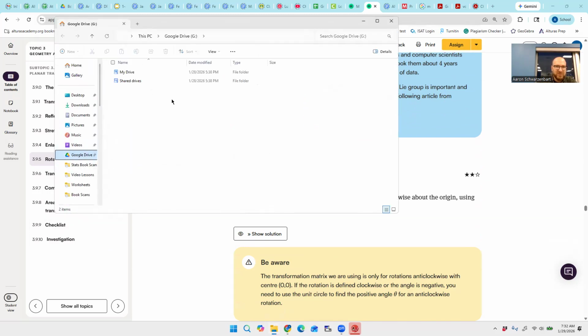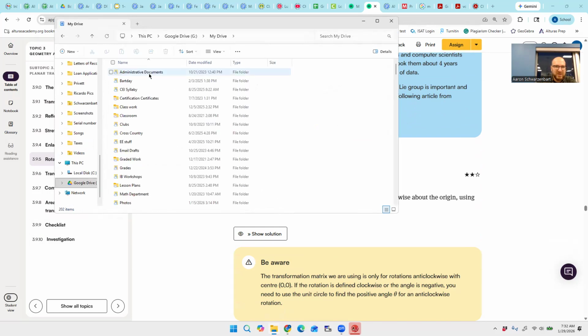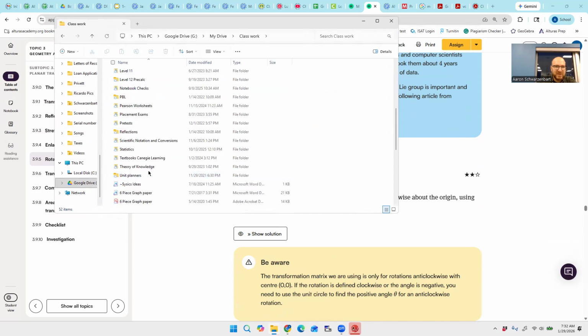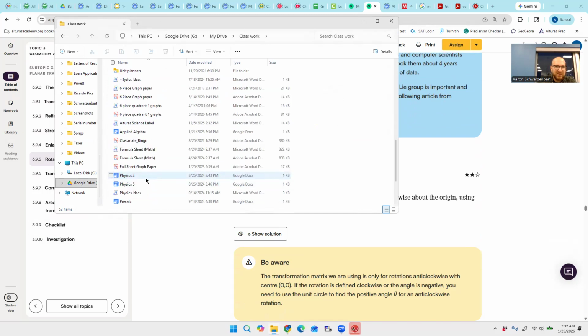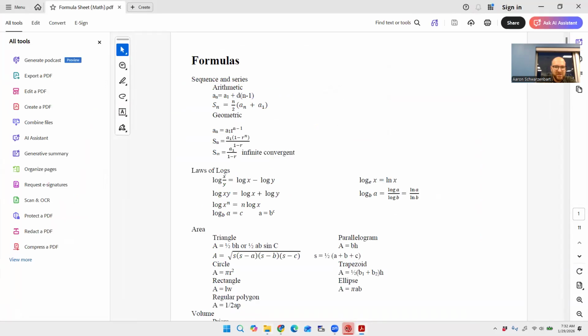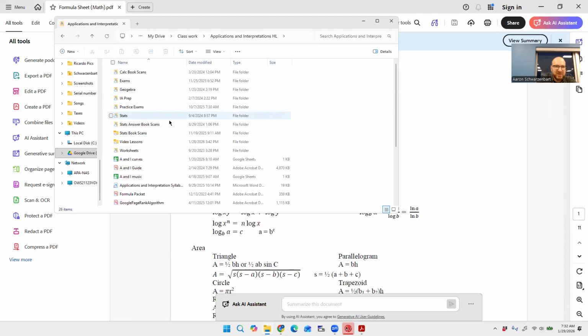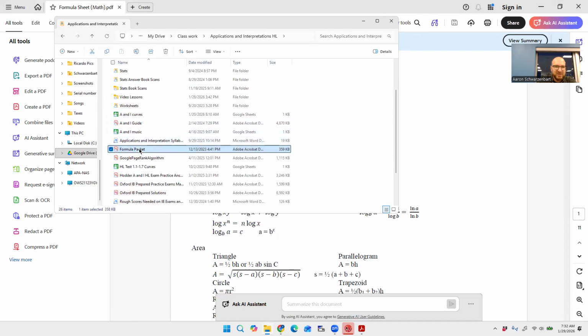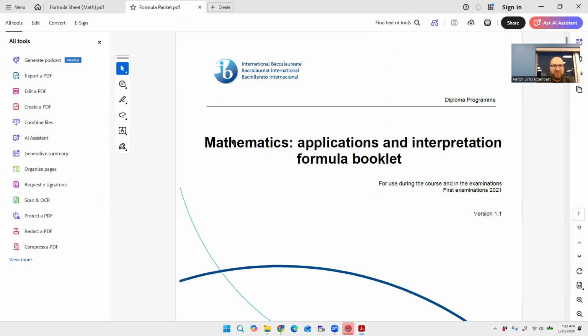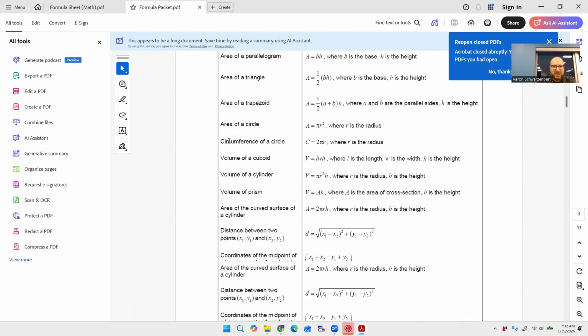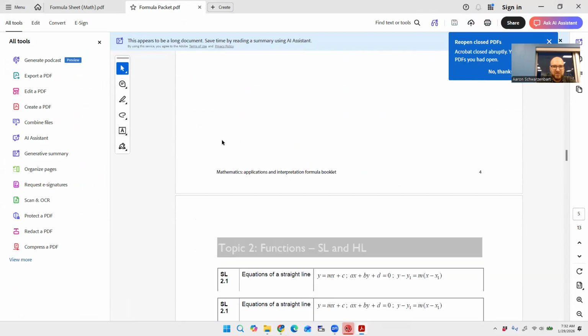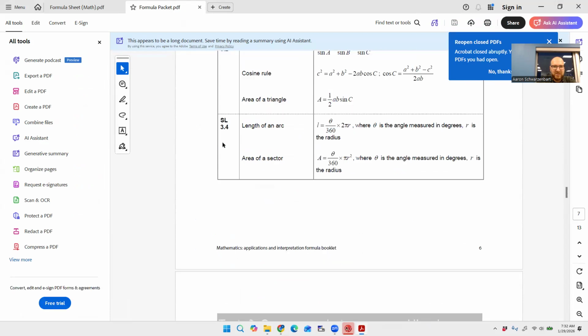Okay, I'm going to open it up again because it got closed on me. That'll give me my unit circle right there. And again, formula packet 3.9.